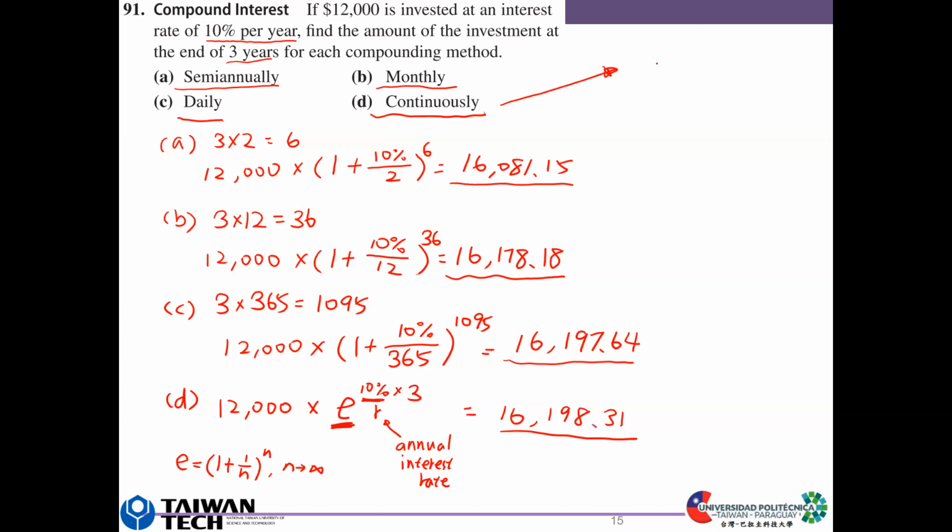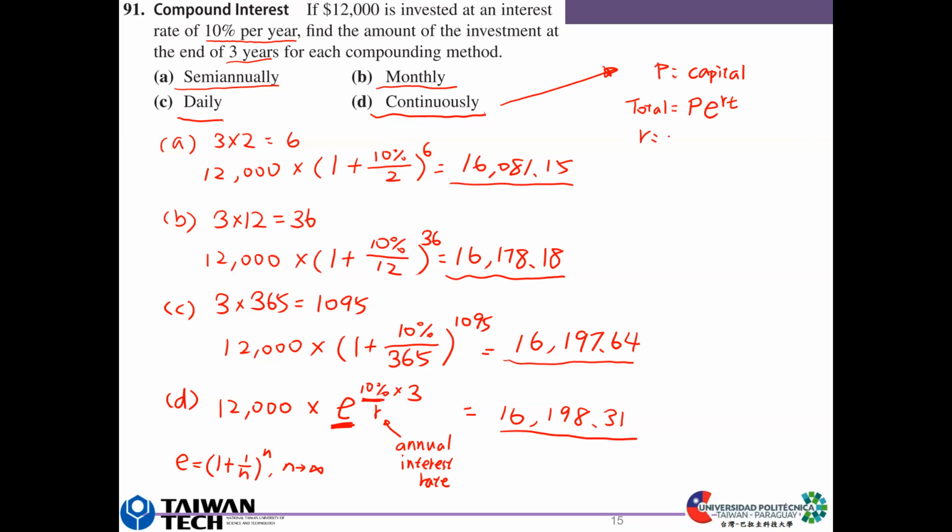So we have this: P is capital. So the total amount of money equals P e to the RT.